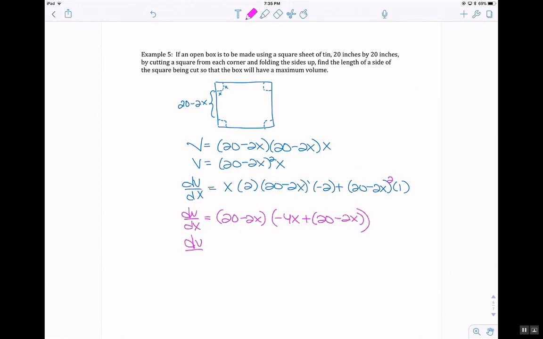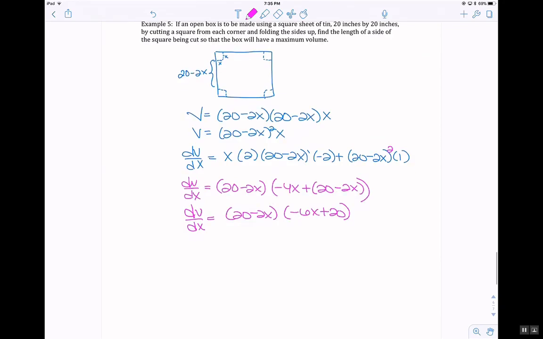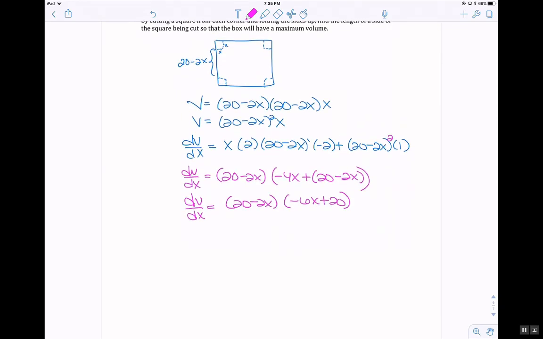Okay, so dV/dx is equal to 20 minus 2x, and then this would have given me, make sure I'm doing this right, negative 4x, so negative 6x plus 20. And then you're just going to set this dV/dx equal to 0. So 0 is equal to 20 minus 2x and negative 6x plus 20.